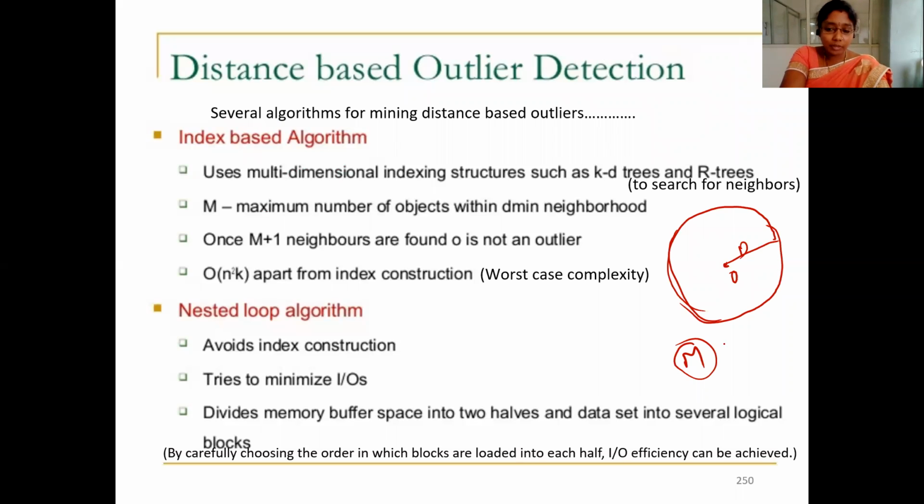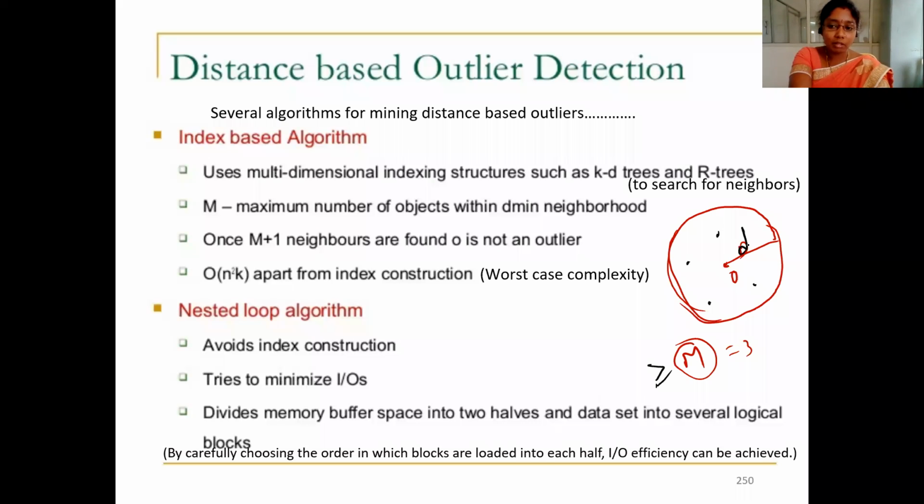For example, let us say m is equal to 3. If you are having 3 plus 1 neighbors, then O is not an outlier. So that count should be greater than or equal to m. Look at the maximum number of objects within the D min neighborhood.